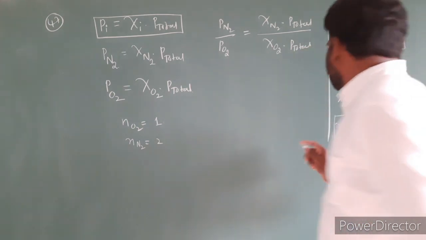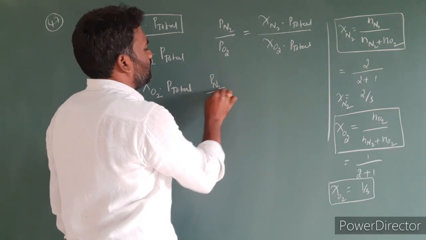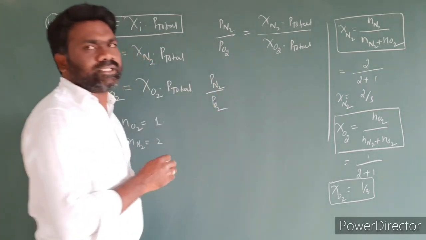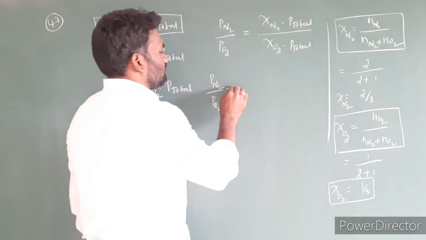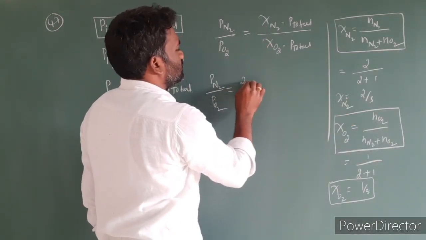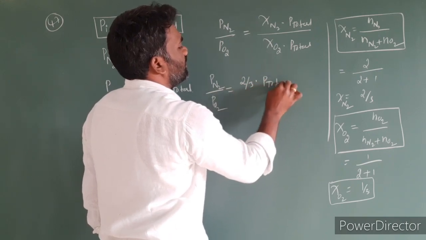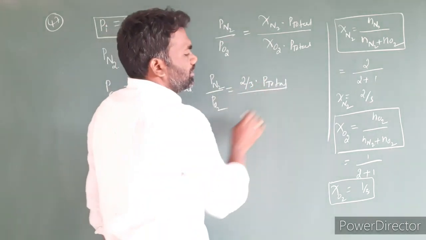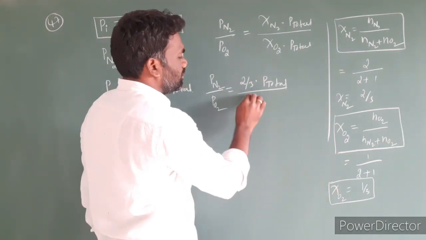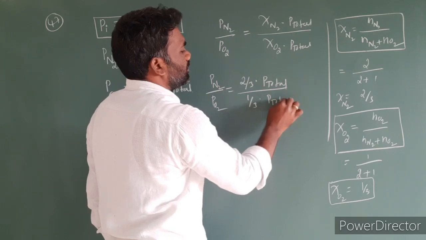So substitute these values in the given formula. The partial pressure of nitrogen by the partial pressure of oxygen is equal to the mole fraction of nitrogen, 2 by 3, into P total, by the mole fraction of oxygen, 1 by 3, into P total.